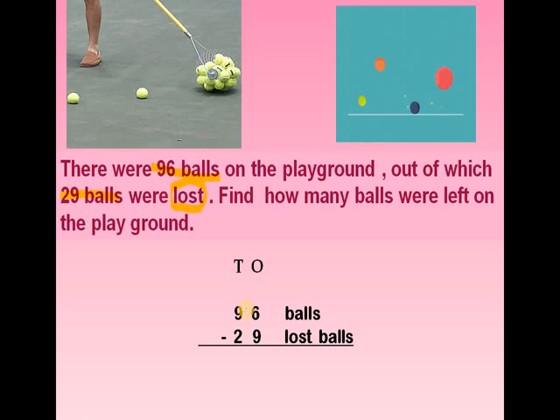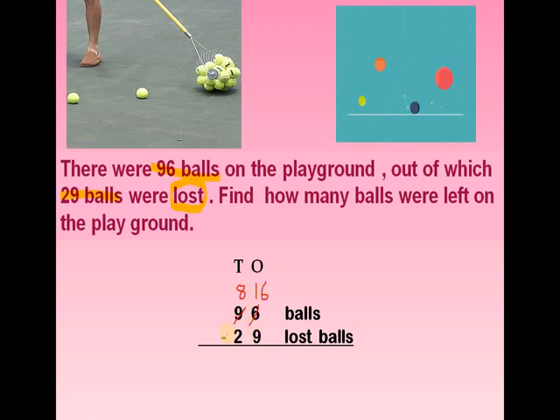So we are going to borrow from the neighboring tens place value, that is from 9. We are going to cut this 9. Here as it's going to give 1, it will become 8 and this will become 16. 10 plus 6, so 16.